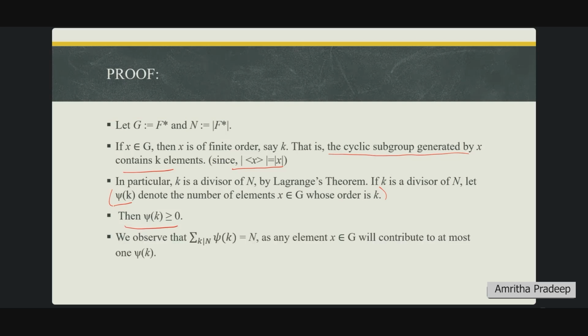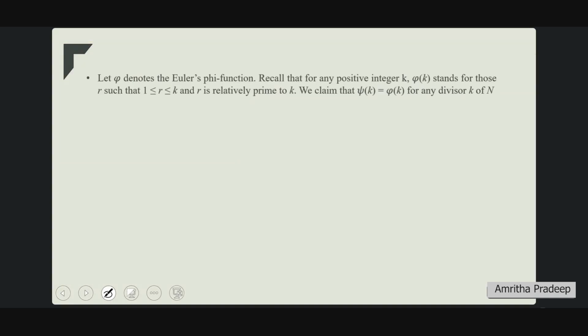Also, we observe that the summation of psi of k over divisors of n gives you n itself, because every element contributes to exactly one psi of k, since every element has its own order and not two distinct orders. And we have defined earlier what phi of k is, the Euler's phi function. Now what we are claiming here is that psi of k is equal to phi of k for any divisor k of n.